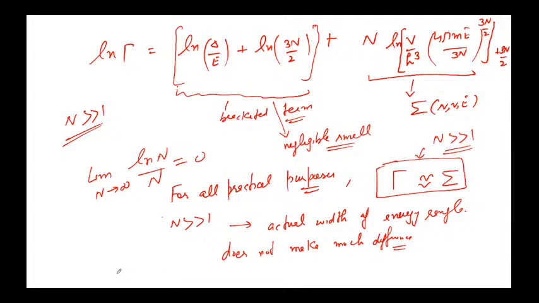So what does it mean? It means that the energy could lie between E minus delta by 2 to E plus delta by 2, or the results will be the same for a system which is having an energy range from 0 to E.